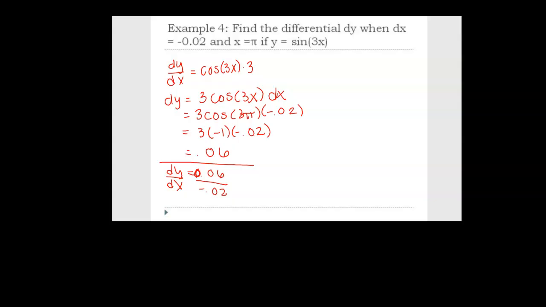Again, we're representing the differentials, which really represent the change in y and the change in x. So as x is decreasing by 0.02, y is increasing by 0.06. So our slope is always negative. So the rate of change is negative.